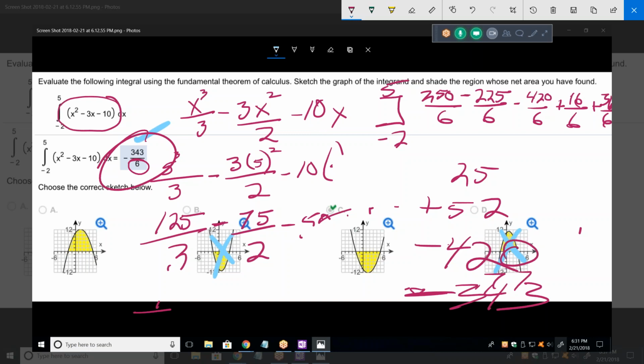Yeah, they actually didn't tell us. Numerical integration. In other words, you can put this in, and it will give you back minus 343 sixths, or at least a decimal. Not sure it'll give it to you as a fraction, but yeah, they didn't tell us how to do that in math. They told us in physics.